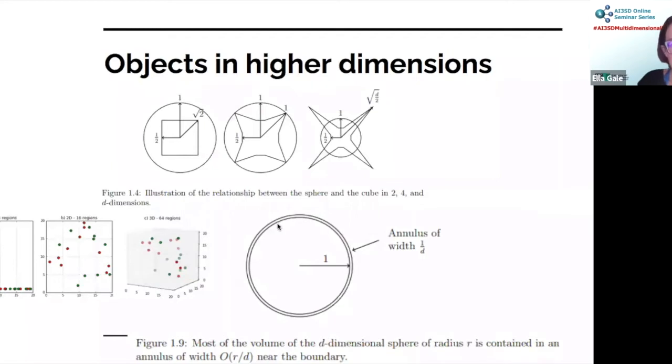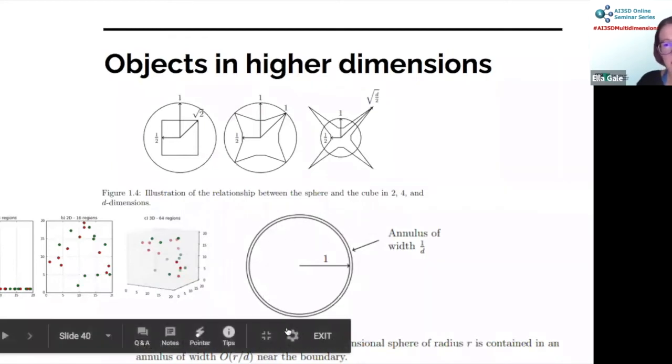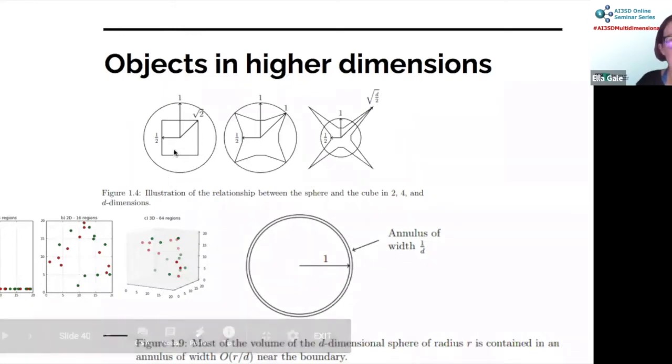Couple more ideas. This is very similar. If you have a unit sphere and a distribution of unit radius in high dimension, it's mostly on the edge. Here is a 2-dimensional version. We have a 2-dimensional sphere, which is a circle with radius 1, and a 2-dimensional cube, which is a square with length 1. You see the square is entirely within the circle.